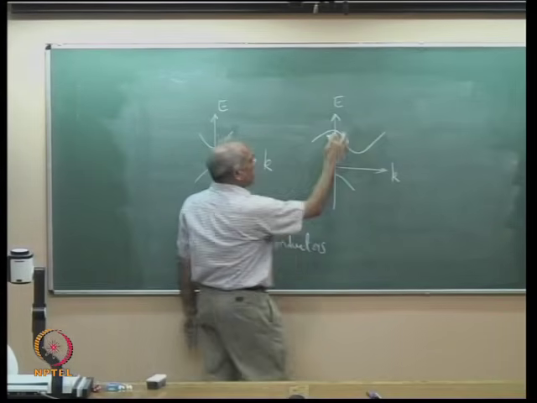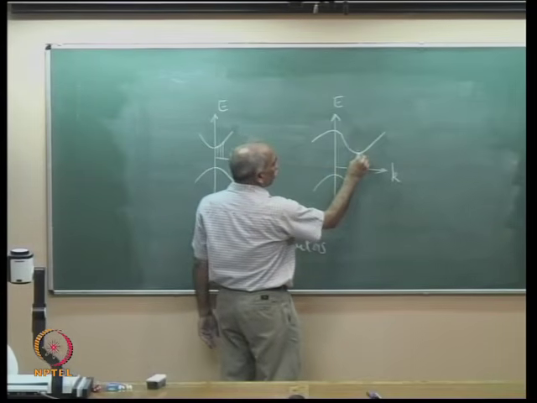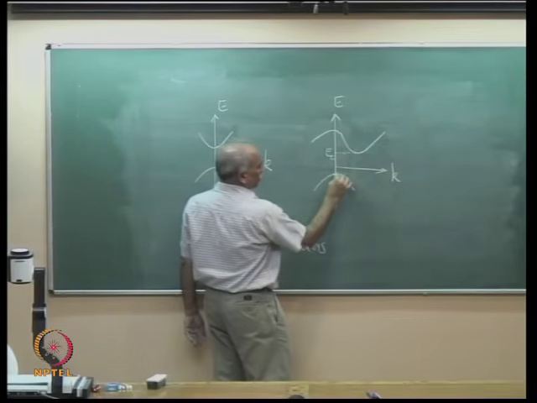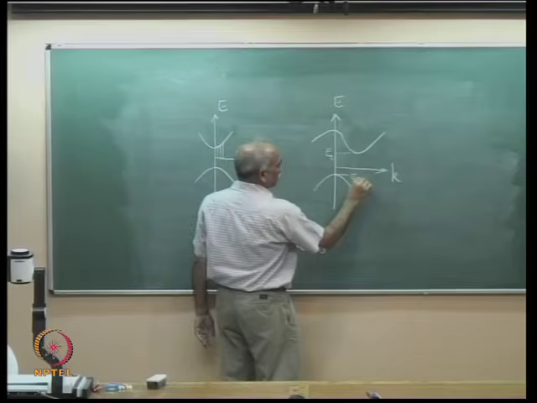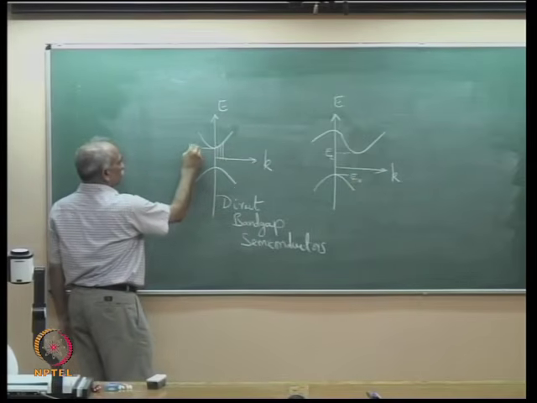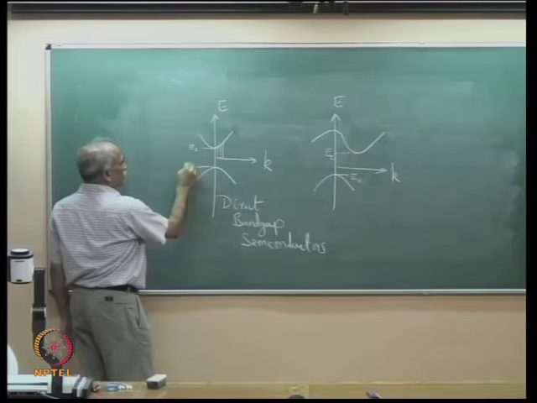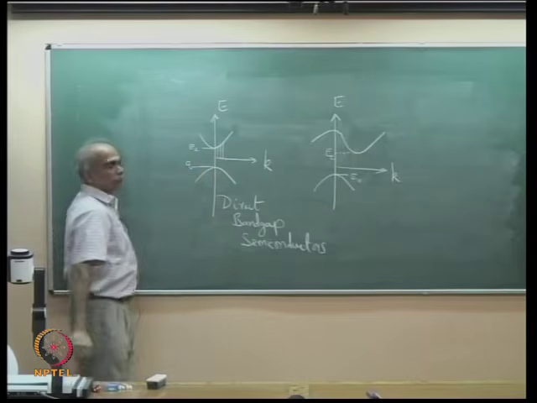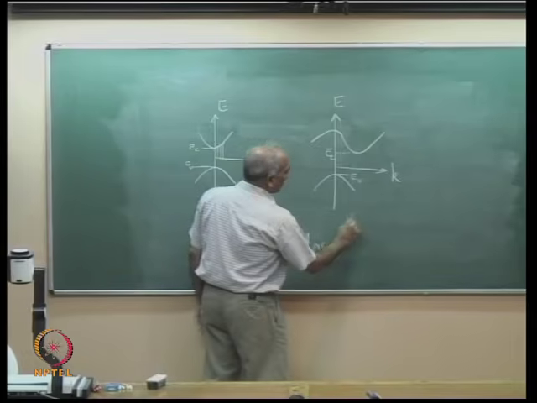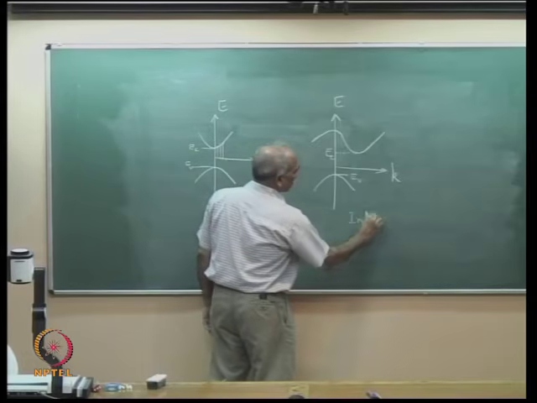And materials in which the minima of the conduction band, denoted by EC, and the band edge EV do not coincide are called indirect band gap semiconductors.